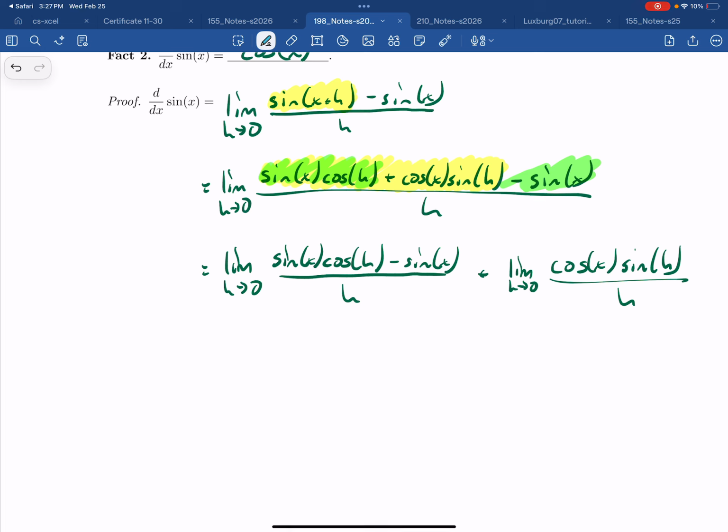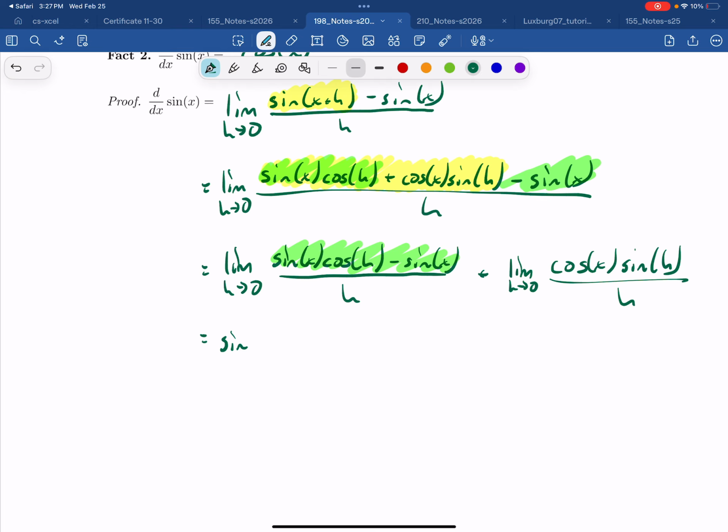By the way, I got this from that green stuff. We noticed there's a sine of x that can be factored out, in fact, out of the fraction altogether.